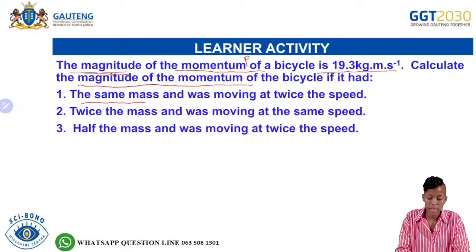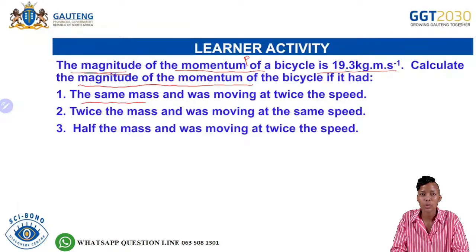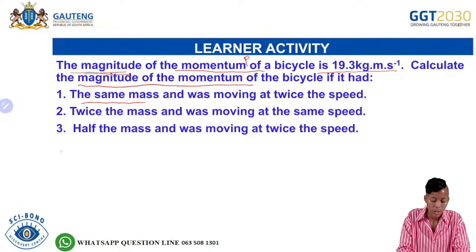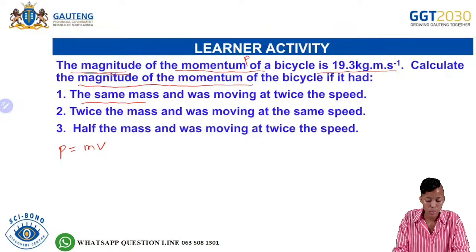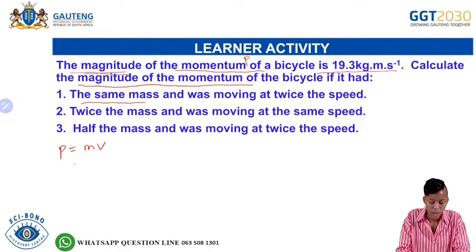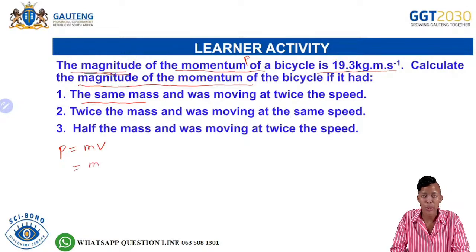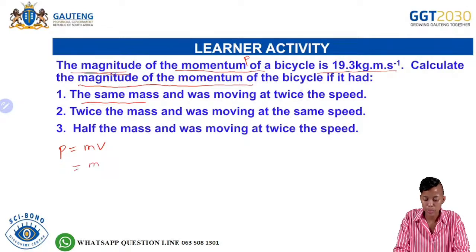Okay, so let's analyze it together. We need to look at the formula sheet. P is equal to mv, according to the formula that we have learned so far in terms of momentum. It says if it had the same mass, that means the mass is not changing, and was moving at twice the speed.